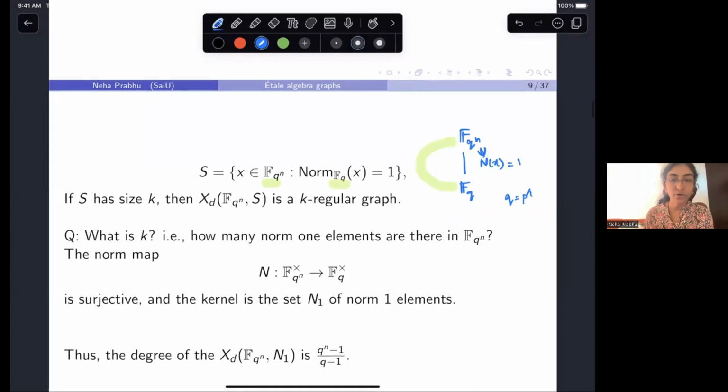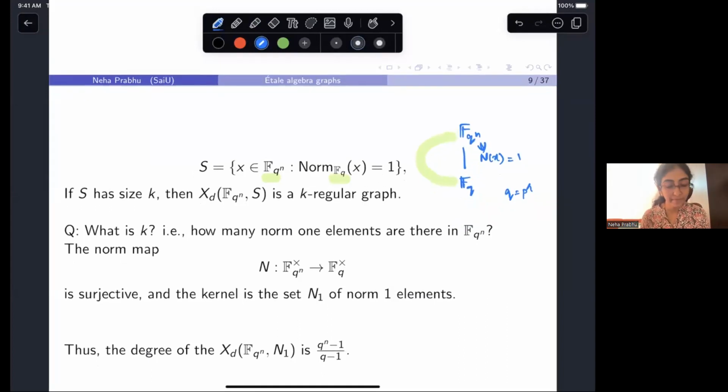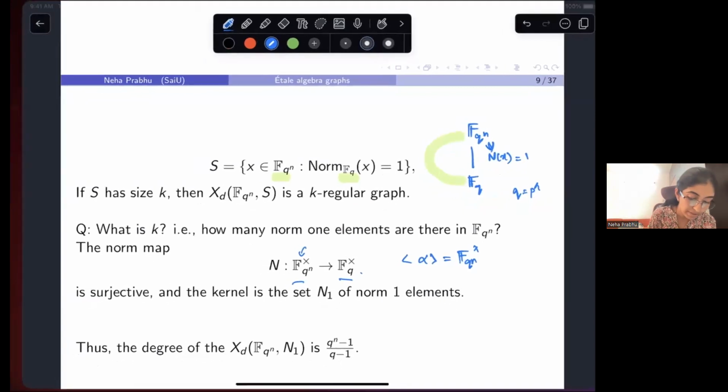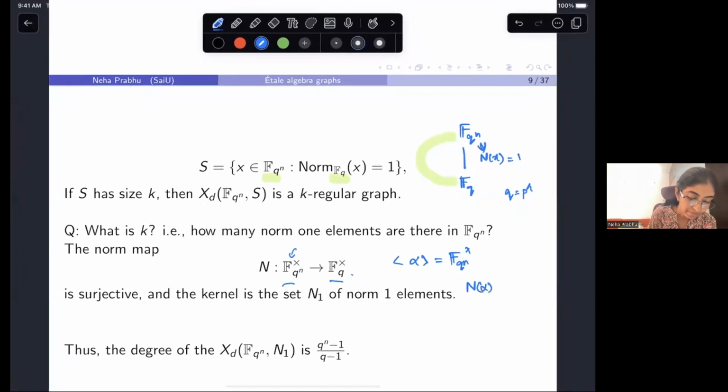So we want to know the number of norm 1 elements in FQ^N. It's a relatively easy exercise to show that this norm map is surjective. If you are given the fact that these two are cyclic groups, it is not hard to show that if you take alpha as a generator of FQ^N cross, the norm of alpha will generate the cyclic group downstairs.